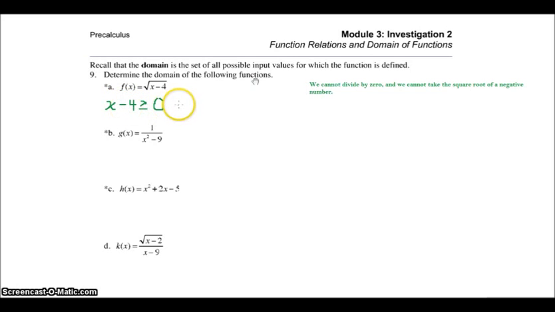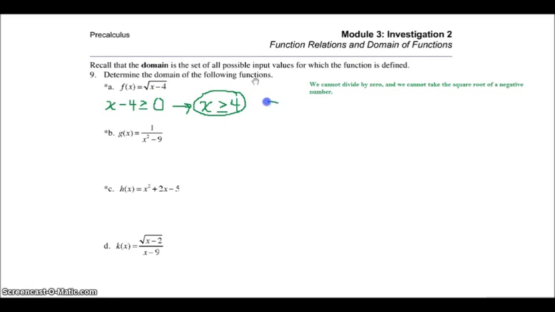Let's add 4 to each side of the inequality. Not equation, inequality: x is greater than or equal to 4. This tells us all the possible values for x are greater than or equal to 4.